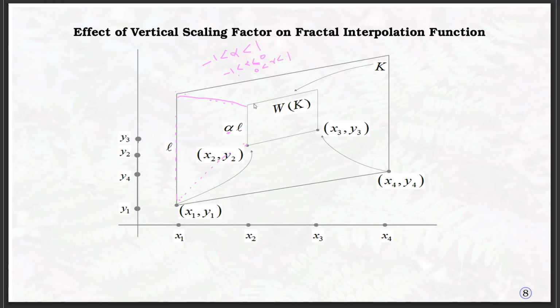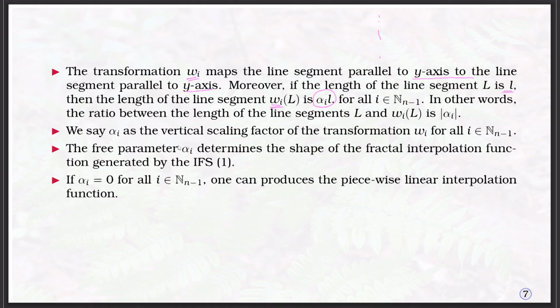If it is positive, it is in the positive direction and it will shrink. If the value is negative, it will shrink like this in the negative direction. So the ratio between this line segment and this line segment is modulus of alpha i. We say alpha is called the vertical scaling factor of the transformation Wi.